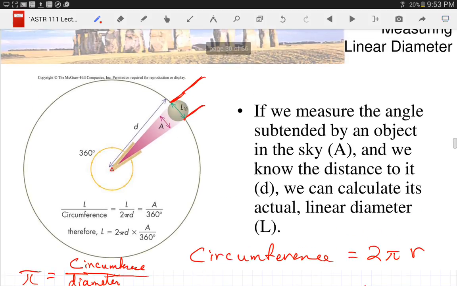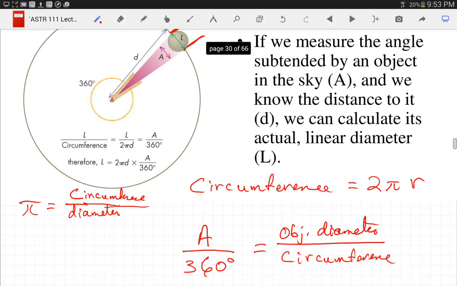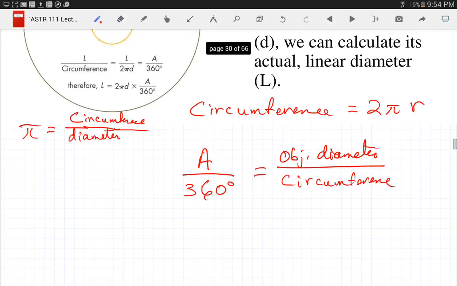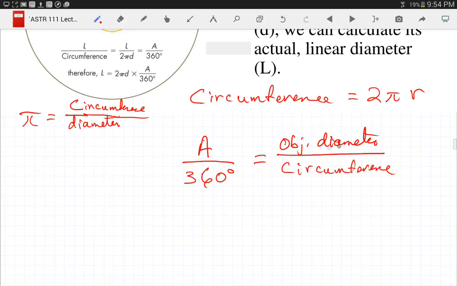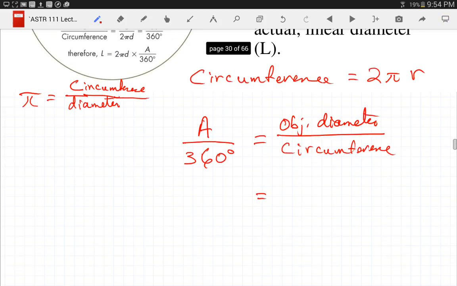If this takes up, let's say, 7 degrees, such as what Eratosthenes did, then it would be 7/360ths of the complete circle, and it would be whatever that distance was divided by the circumference of the circle. So the object's diameter, which I usually want to know, relates to the circumference, or as it's called here, d for distance.